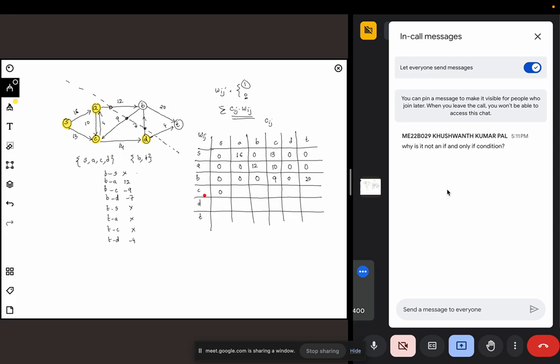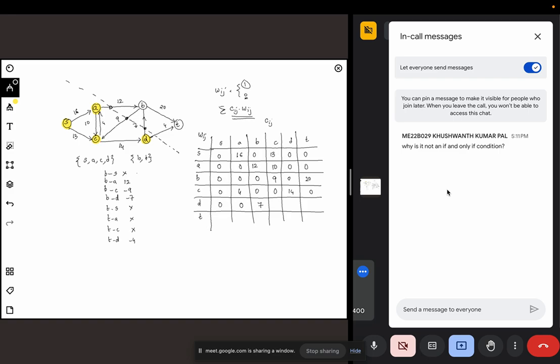C to S is 0, C to A, C to B, C to C, C to D. D to S, D to A, D to B. If I write something wrong, just let me know.